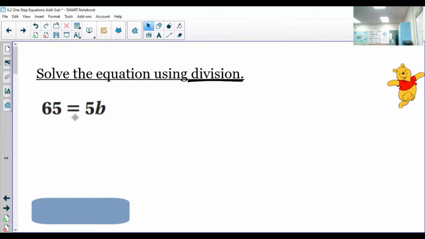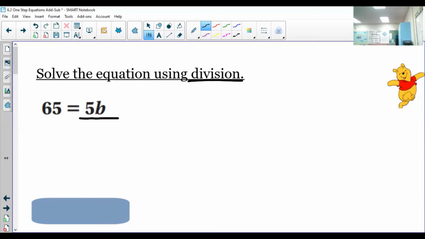Now, just like when you're adding and subtracting, it is very important that you show all of your work. So here's what we're going to do. We have to divide on both sides, remember, because we have to make it equal on both sides. So if you remember, a fraction means to divide.